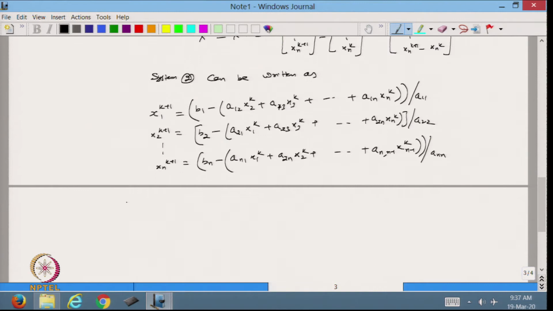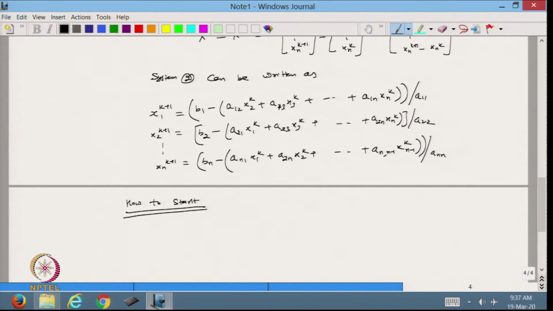Now, how to start? How to start means first we start with an initial approximation. In this case I will start with x0, which I should write as a capital X0. Capital X0 means I have x1 0, x2 0 and xn 0.